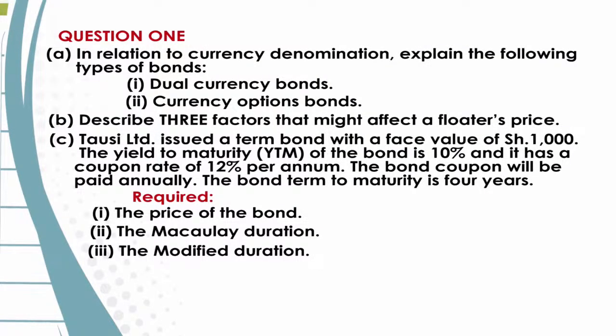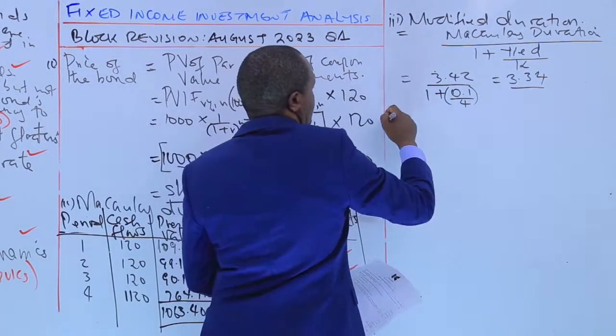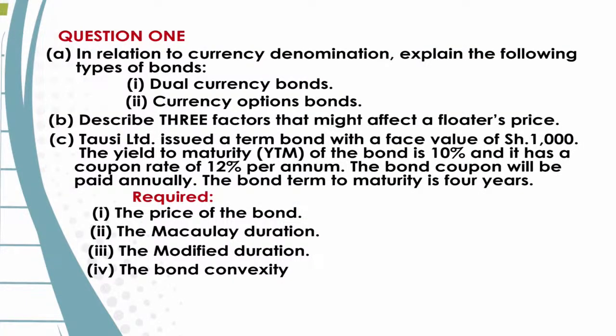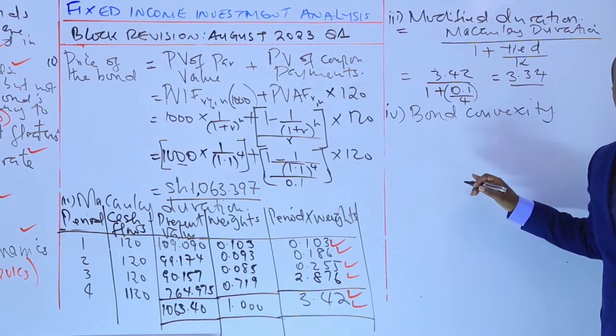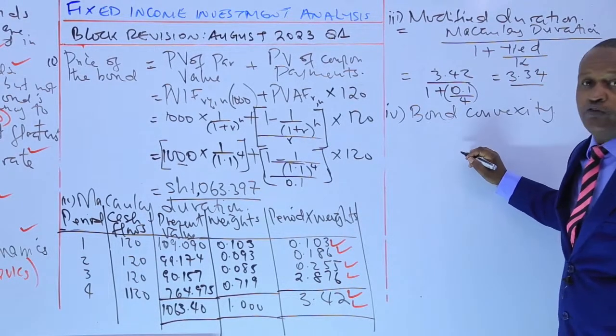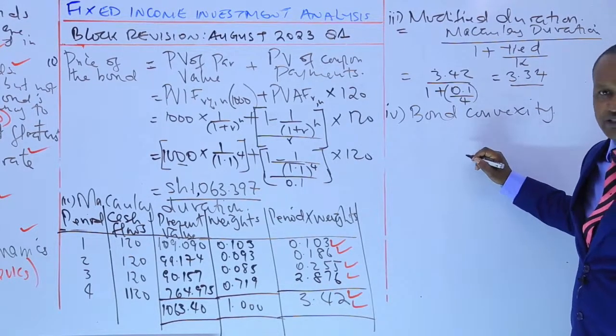Now, part 4 of the question is, this is Roman 2, Roman 3, then Roman 4. We have the bond convexity. Bond convexity is a measure of the sensitivity of a bond's duration to changes in interest rates.